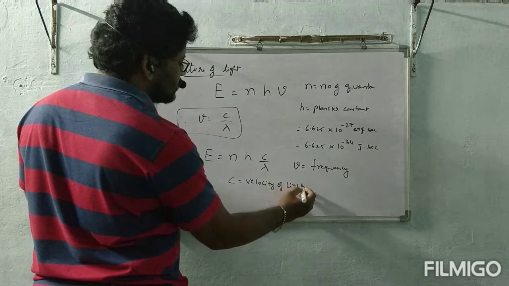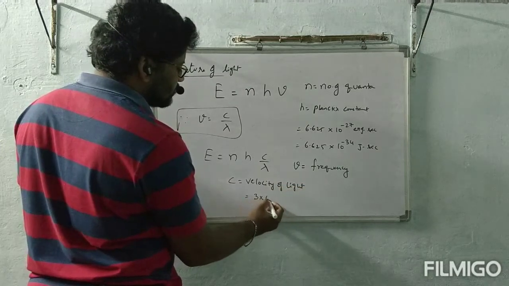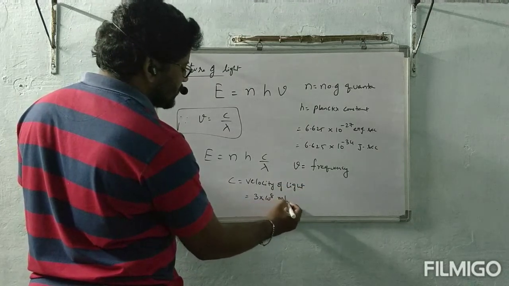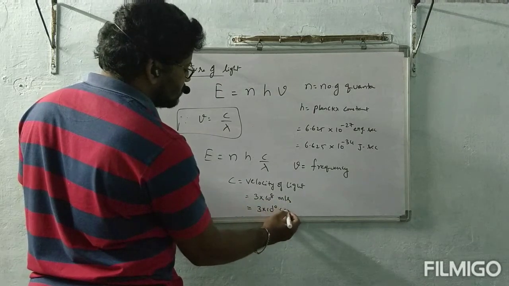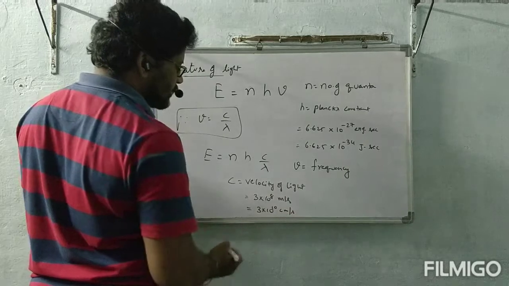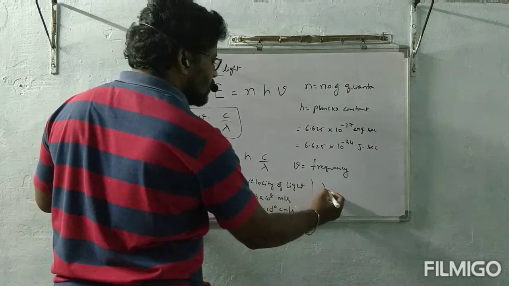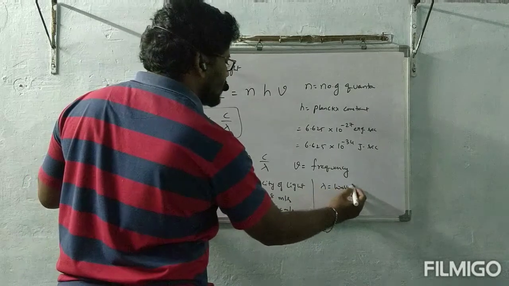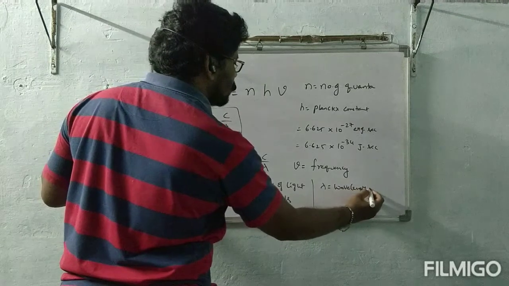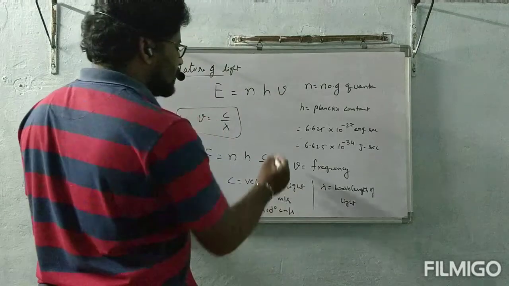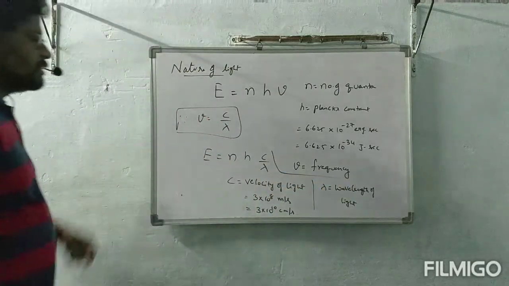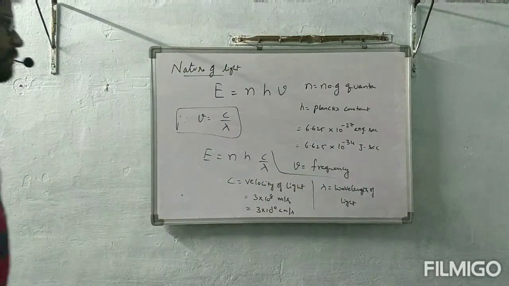It is a constant, 3 into 10 power 8 meter per second, 3 into 10 power 10 centimeter per second. Lambda is equal to the wavelength of light. These are the useful formulas to do the problems.